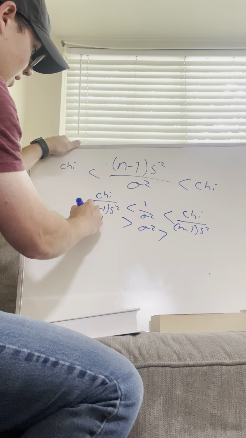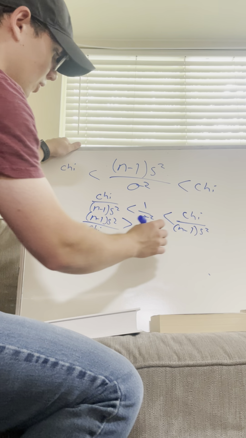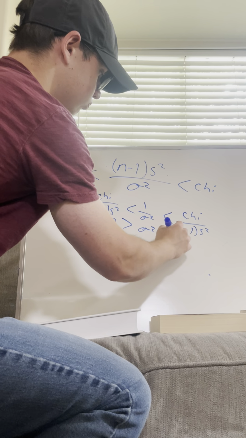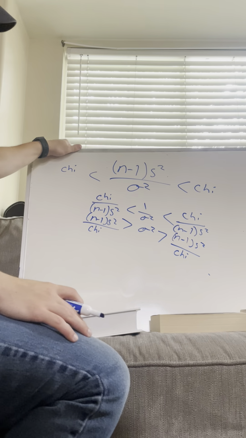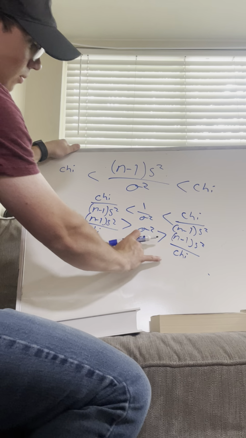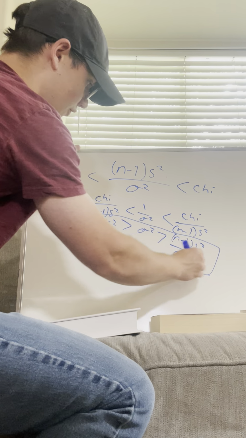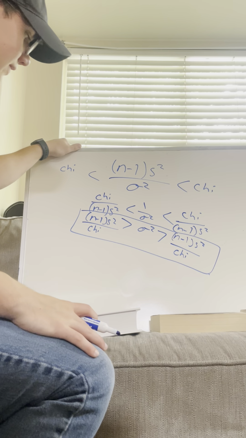The n minus 1 s squared will end up on top with chi-squared on the bottom for both of these. So this will be the formula that you use to find a confidence interval for the standard deviation.